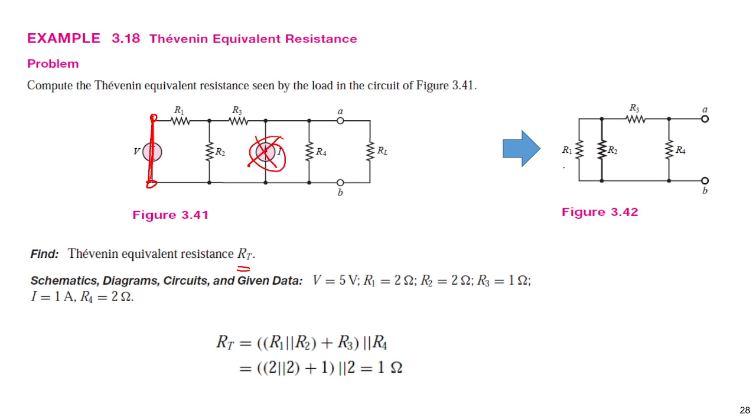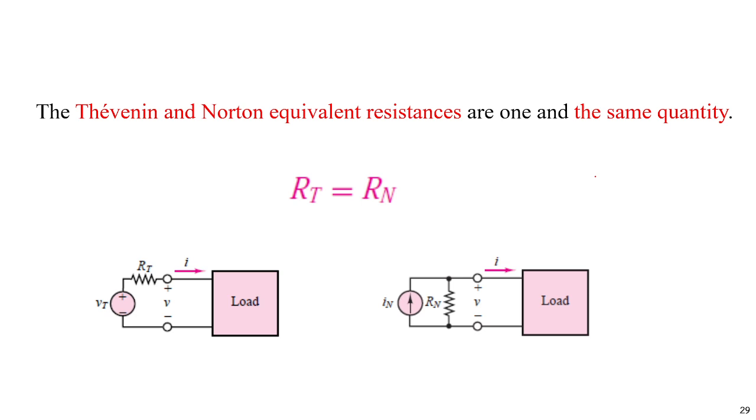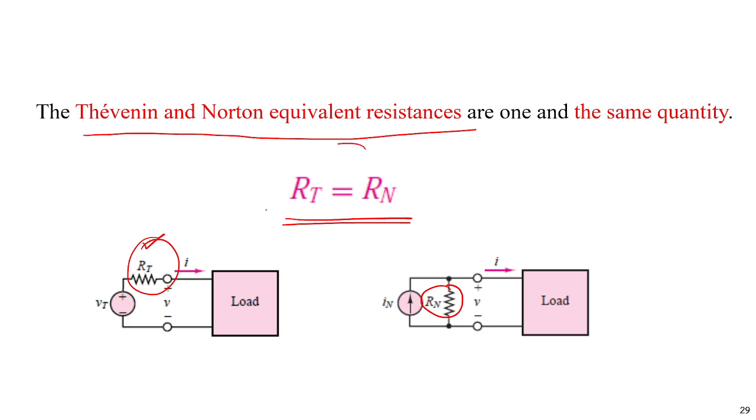Here is the circuit, and then we can get RT. The Thevenin and Norton equivalent resistance are the same quantity. If we get R Thevenin, we can use it for R Norton. This is the same value.